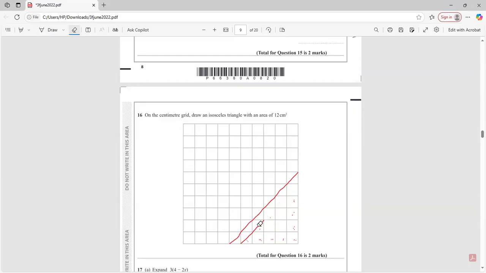It must be exactly 12. If not, we're not doing 12 cm squared. So let's count. 1, 2, 3, 4, 5, 6, 7, 8, 9, 10, 11, 12. Oh my.